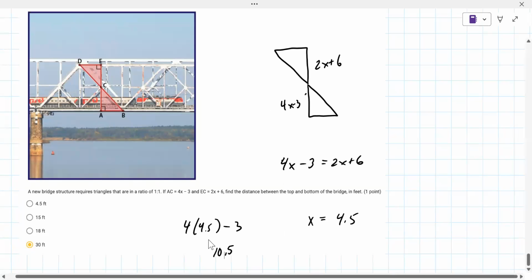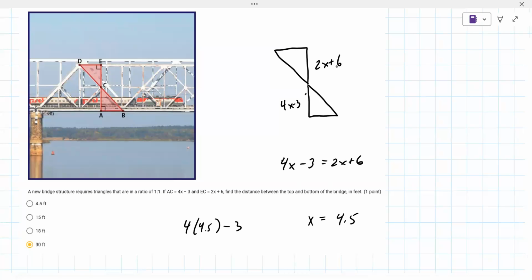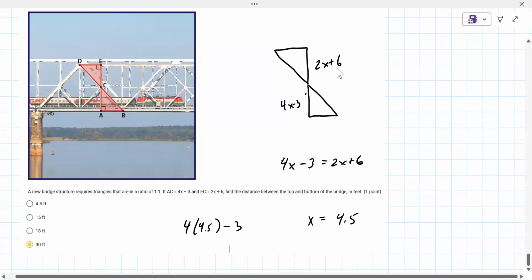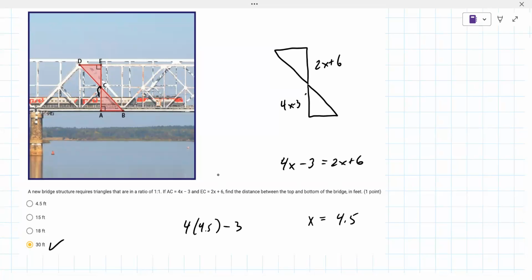No, 9.5. That's not right. What did I do wrong here? 2x, 9, x is 4.5. No, 15. Sorry, total. I just totally messed up. Yes, that is correct. Each of these are 15.